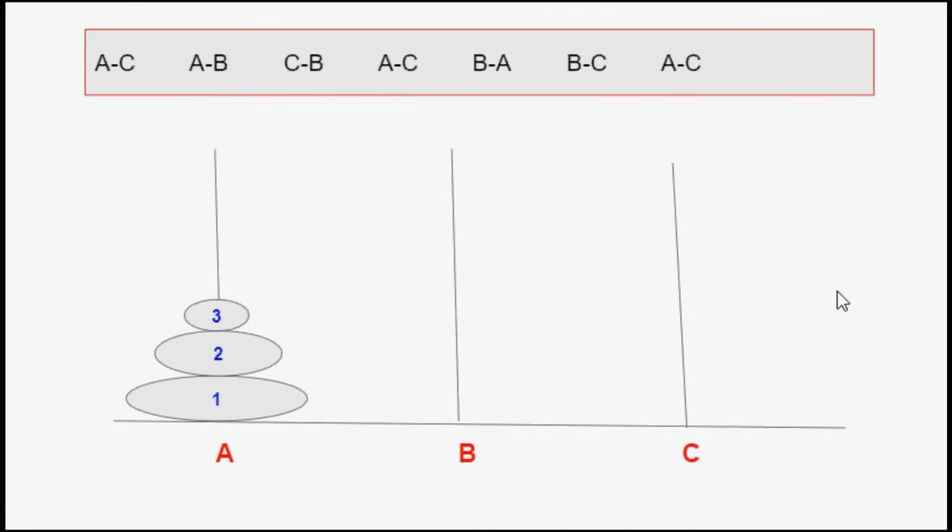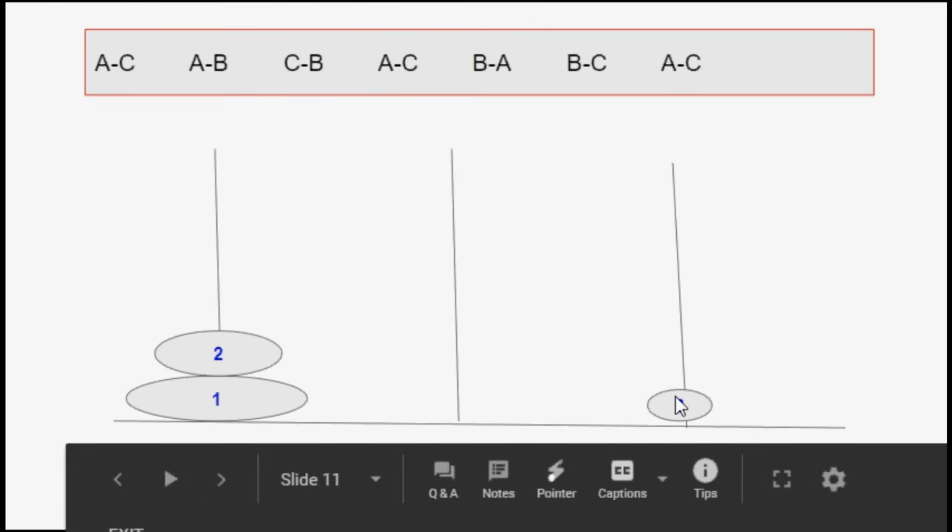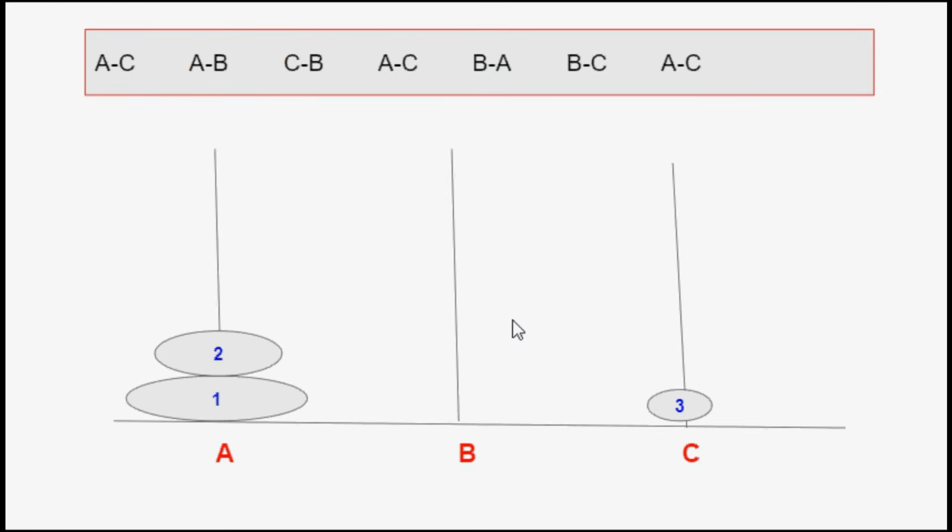The very first call says move a disk from A to C. That means I'll move disk number 3 from A to C. So disk number 3 will come here. Understand one thing: A is your source tar, C is your target tar, and B is the auxiliary tar.